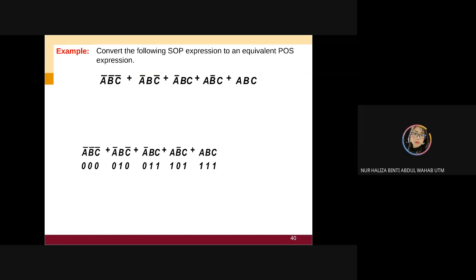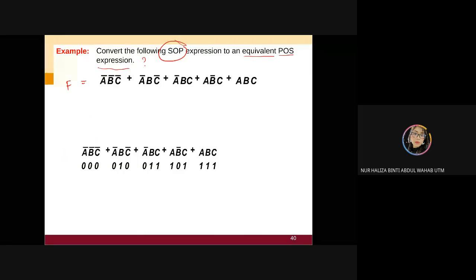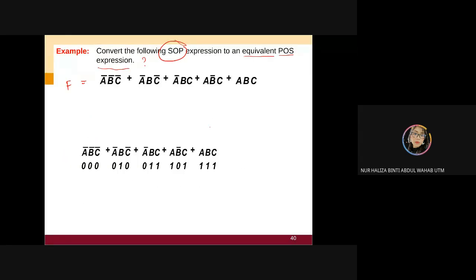If you are given the expression of your SOP and asked to find the equivalent POS expression, how can you do it? It is already mentioned in this old slide, but I show you in terms of the steps.